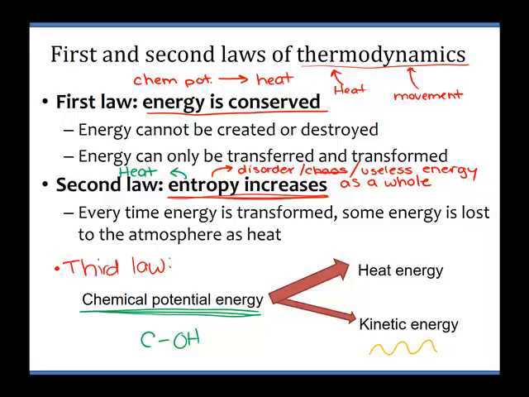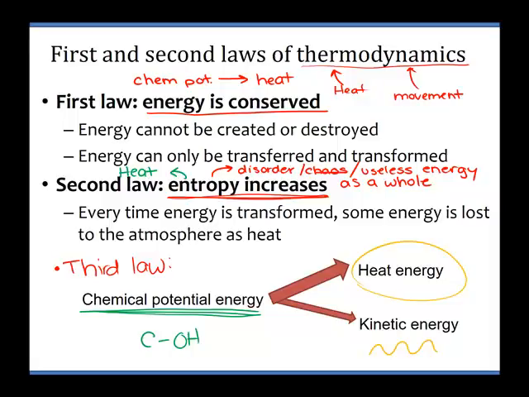So we're releasing some of that chemical potential energy as light, as radiation energy, kinetic energy. Well, a good chunk of that energy that you release won't actually be released as the light that we want. It'll be released as this useless heat energy. So we are increasing entropy. We are increasing the useless amount of energy in the universe.